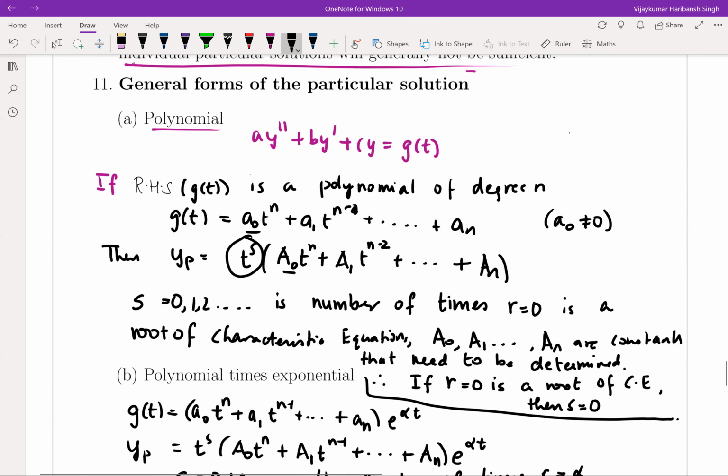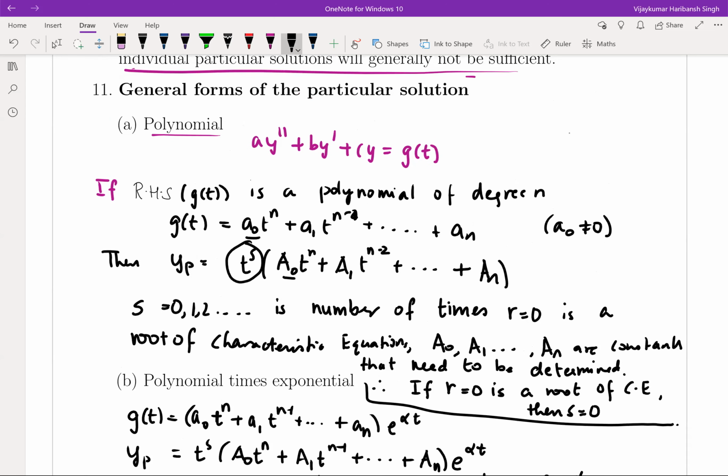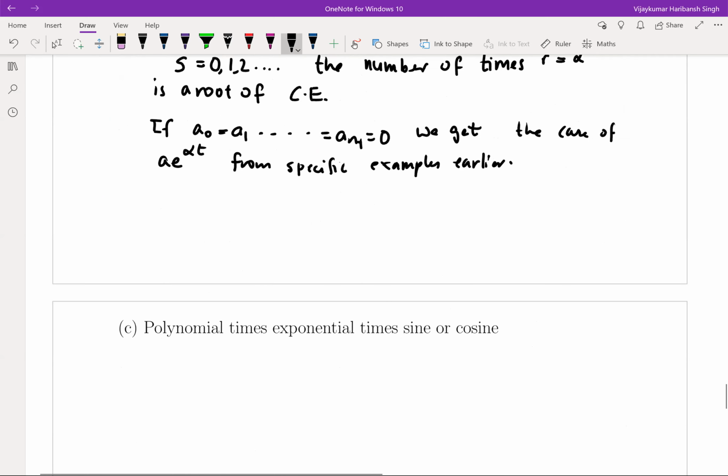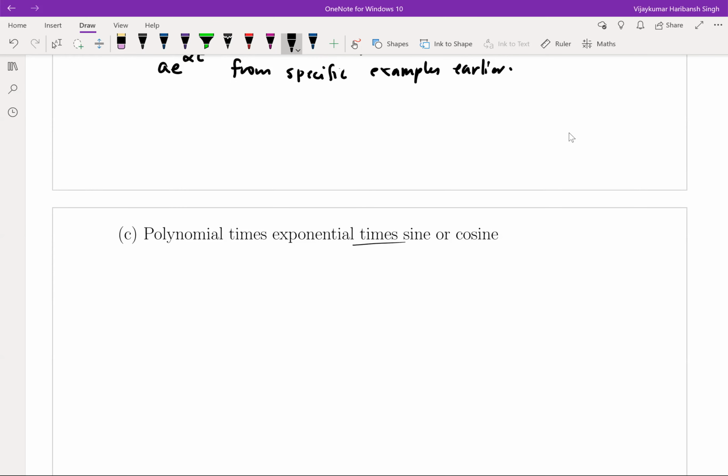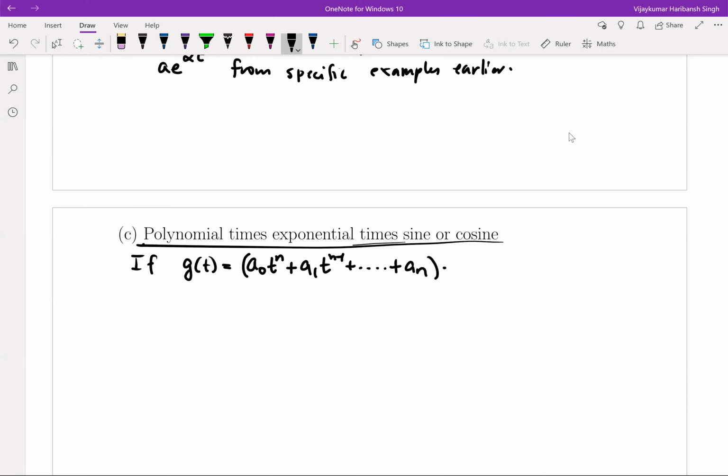Now, so we have dealt with two cases, polynomial times exponential. Next one is polynomial times exponential times sine or cosine. In this case, g of t equals a0 t to the n plus a1 t to the n minus 1 dot dot dot plus an, times e to the alpha t times either sine beta t or cos beta t.